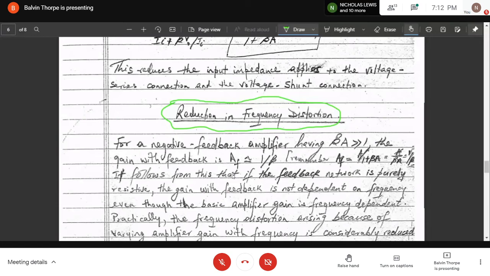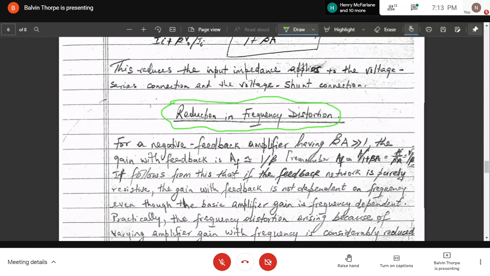And a network that is not purely resistive has the tendency to increase distortion, because components such as a capacitor or an inductor are frequency dependent, right?